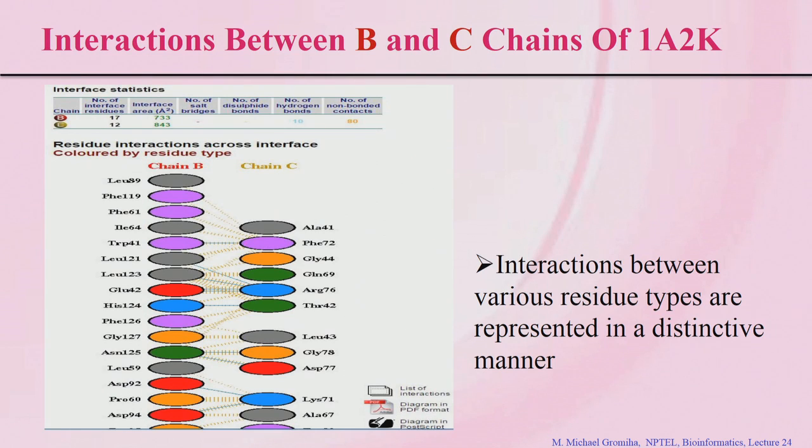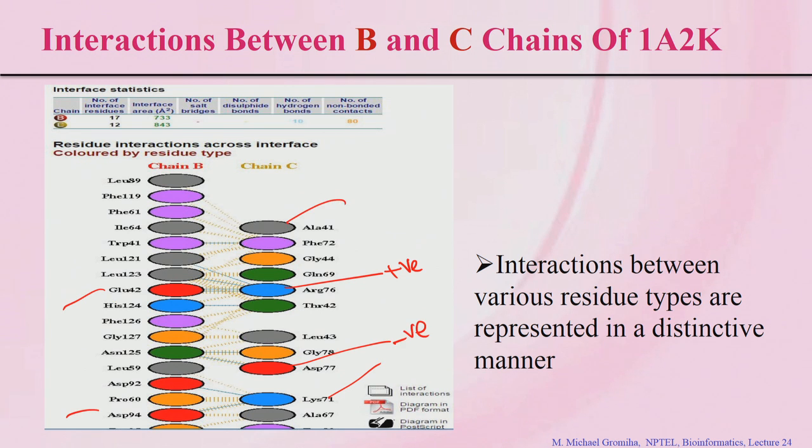You can see here, this is chain B of 1A2K, and this is chain C. They are making different types of contacts, and they use different colors. What is the meaning of the different colors? For example, blue is for arginine, which may be the positive charge, and red for glutamic acid and aspartic acid, which is the negative charge.